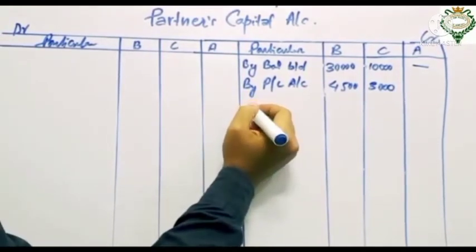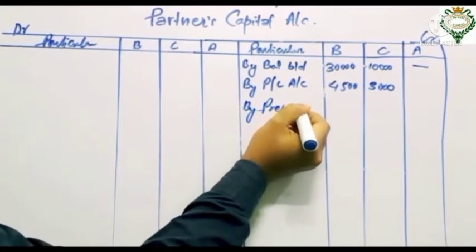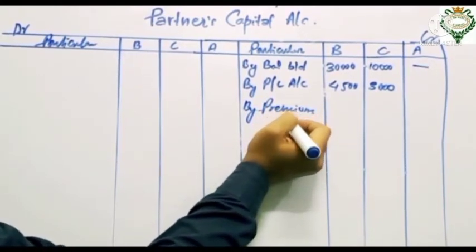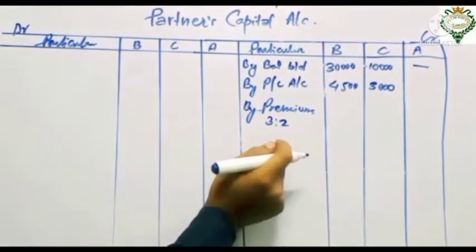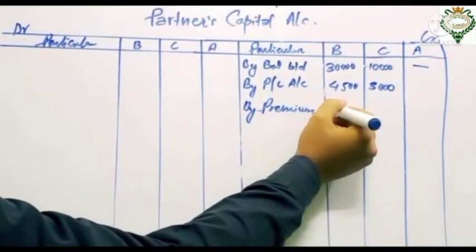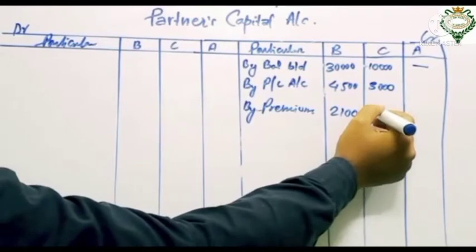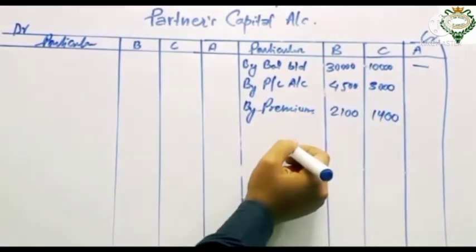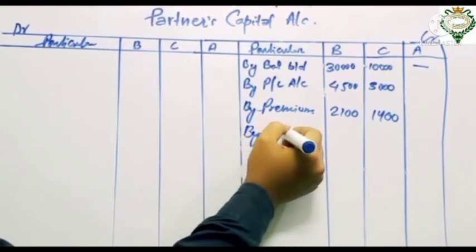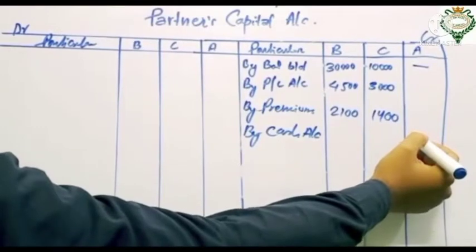Afterwards by premium, so the premium is 3,500. Again we have to distribute in the ratio 3:2. So B will get 2,000 and C will get 1,400. Afterwards by cash account, the cash brought by the new partner, that is 20,000.